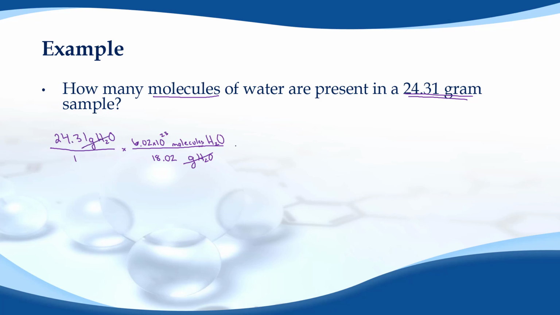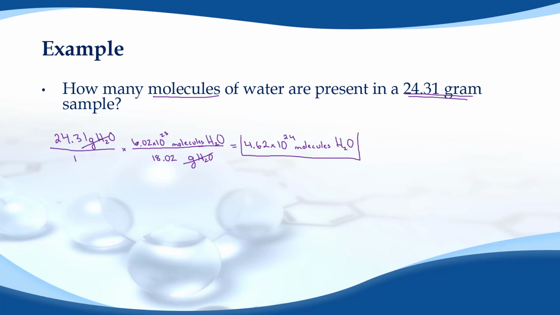So I'm going to do 24.31 times Avogadro's number divided by 18.02. That's going to give me a final answer of 4.62 times 10 to the 24th molecules of water. So that's a mole conversion. We just converted from grams into molecules.